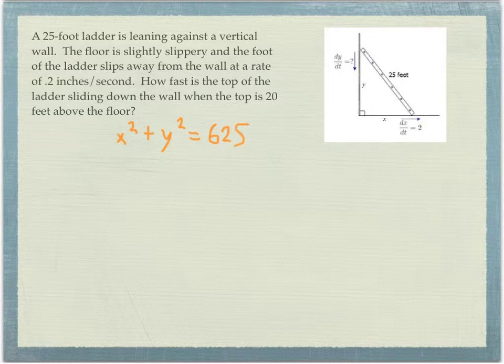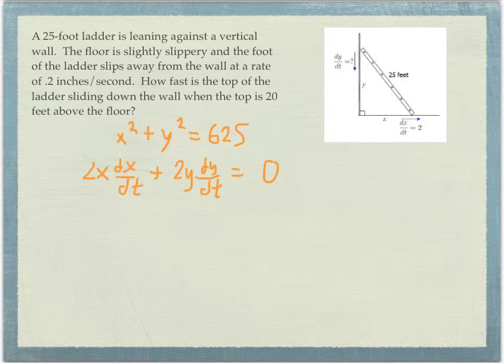Alright, now we're going to do our differentiation. And so we're going to get 2x, and again I have to include that dx over dt in this case, plus 2y, dy over dt, and of course the derivative of 625 is 0. Now I'm going to be able to substitute in some things here.